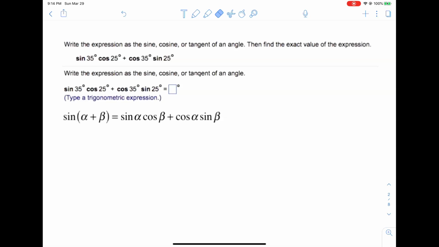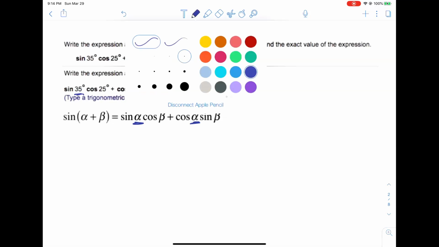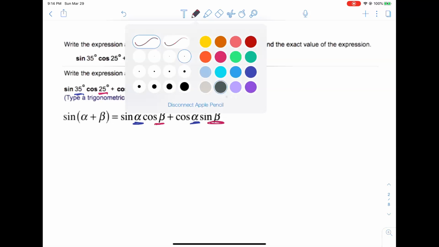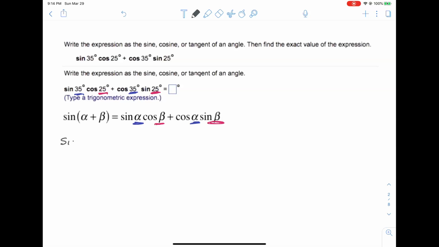Now what's in the theta spot? In the theta spot, there's 35. What's in the beta spot? In the beta spot, there's 25. All right. So the way I'm going to work this problem is this is going to be the sine of alpha.